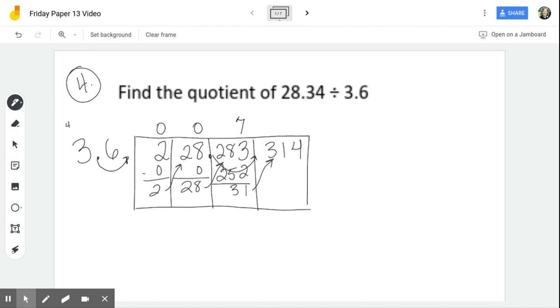Now, 36 times 7 was 252. I'm pretty sure that I can probably get 8. 8 times 6 is 48. There's a 4. 8 times 3 is 24. 25, 26, 27, 28. 288. I'm going to subtract. 4, 5, 6, 7, 8.